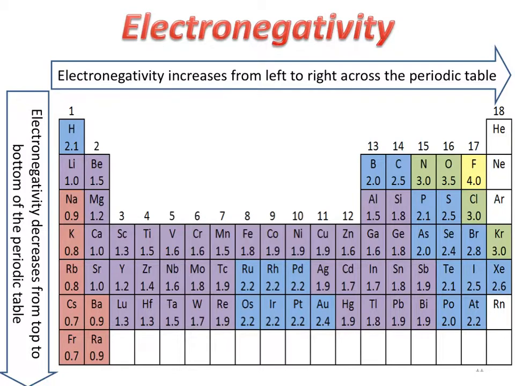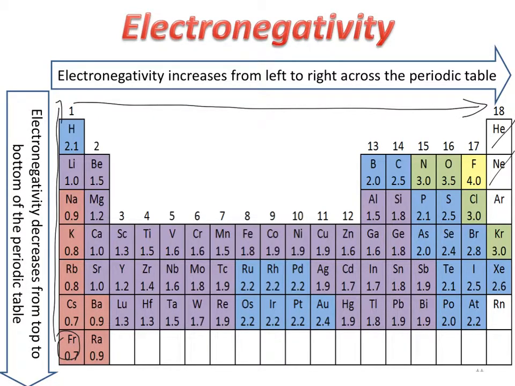Here is the electronegativity table, and as you can see, starting down here with francium, the electronegativity goes up as you go toward the top of the periodic table, and then also increases as you go to the right on the periodic table. Notice that helium, neon, and argon do not have electronegativities because they don't form bonds.